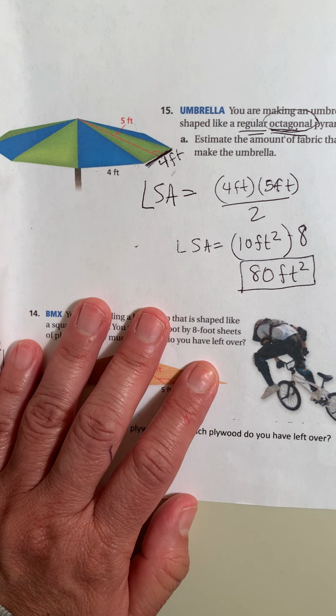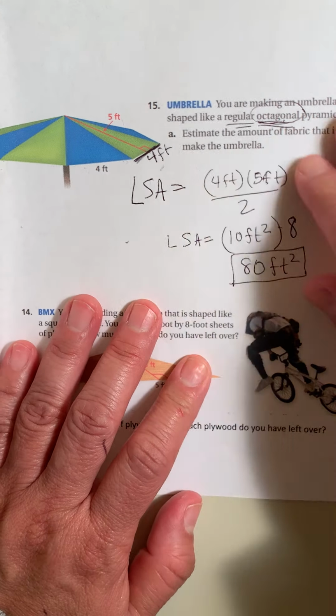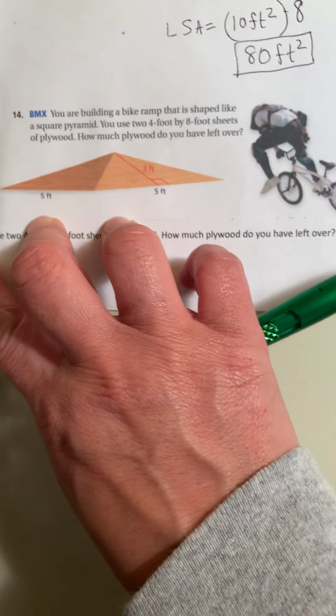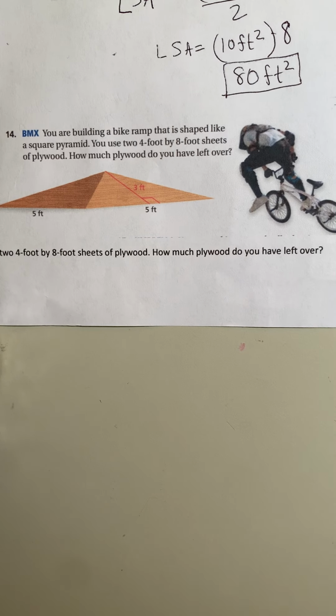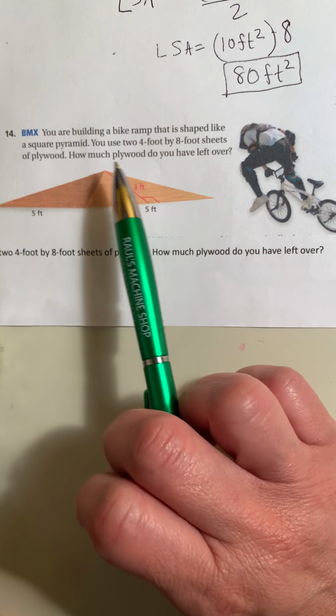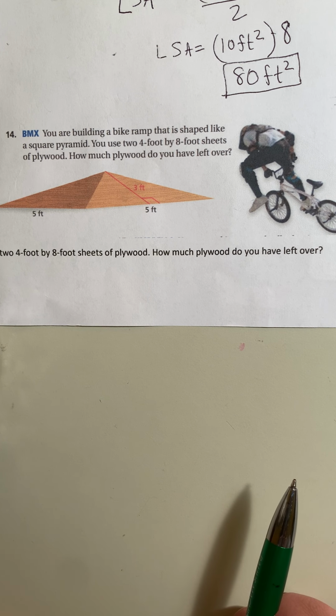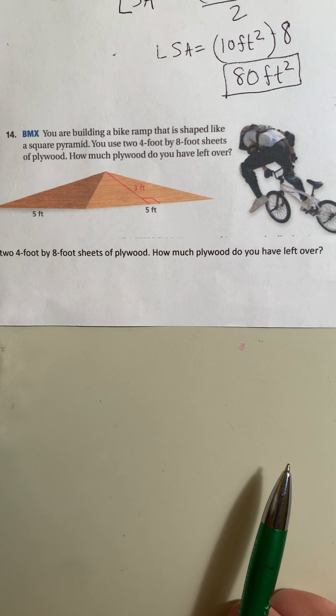All right, I'm going to hold this question up to you right here. If you can do this one and submit it online to me, you can get extra credit. It says you are building a bike ramp that is shaped like a square pyramid. You need 2 4-foot by 8-foot sheets of plywood. How much plywood do you have left over?